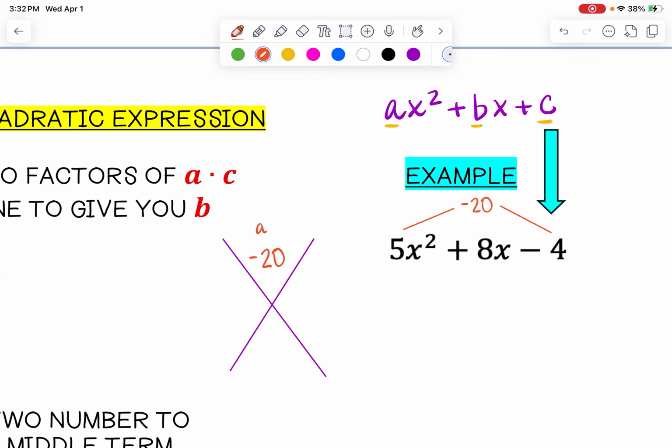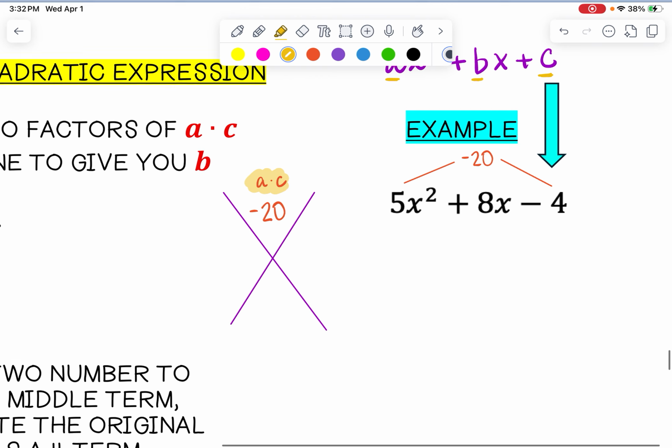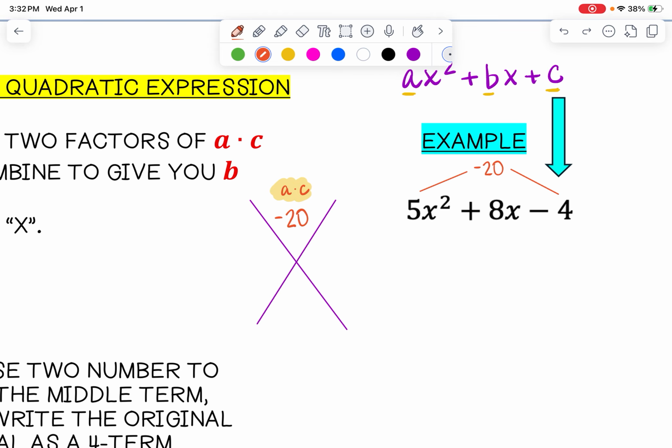All right, so this is a times c that we're putting up here. And the number that goes on the bottom of the number puzzle is the b value, which is the number in the middle. As we can see, that is +8. So we're going to put him here. That's the b. Oops. Let me fix it. And now we need to complete the number puzzle.